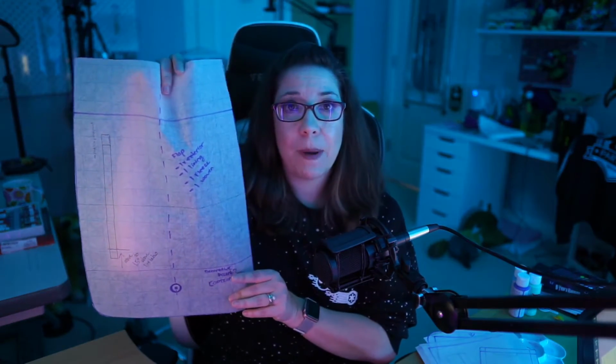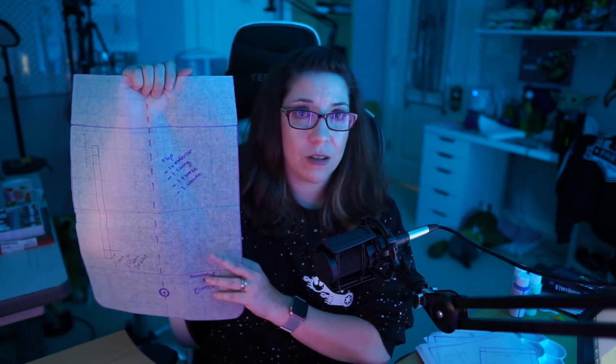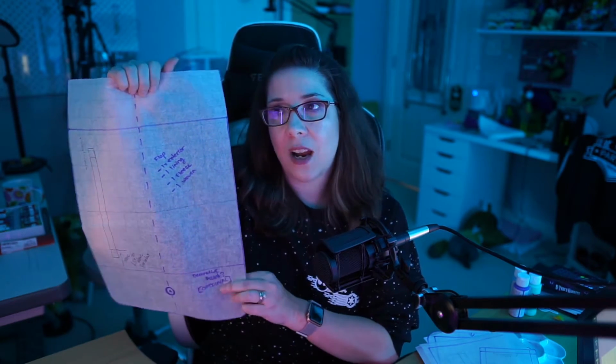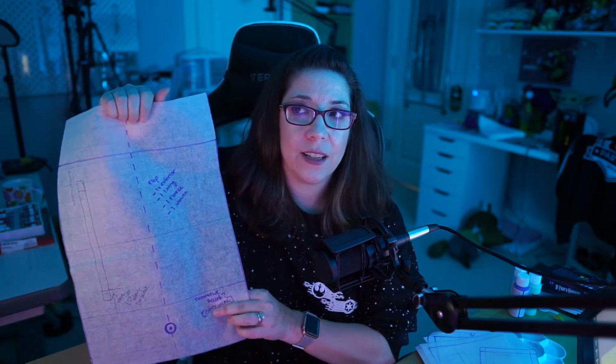So I trace everything out onto this paper and then I start working on testers. I get things finalized to a point where I feel comfortable with it, and then I worry about digitizing and taking feedback from my testing group.